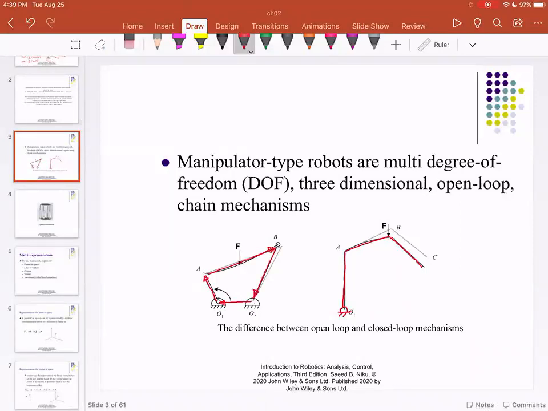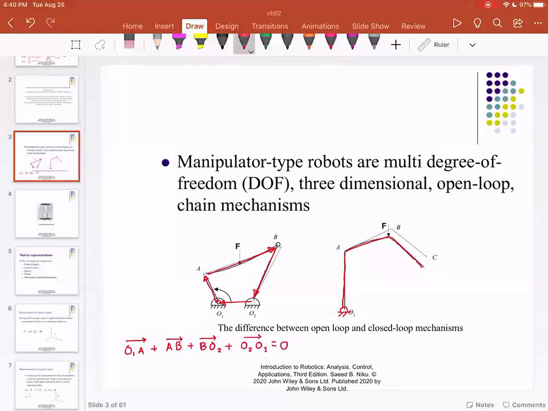The loop closure equation: O1A, please note that this vector starts at O1, ends at A, plus the second vector that starts at A, ends at B, plus the third vector that starts at B, ends at O2, and then you have the fourth vector which starts at O2 and ends at O1.